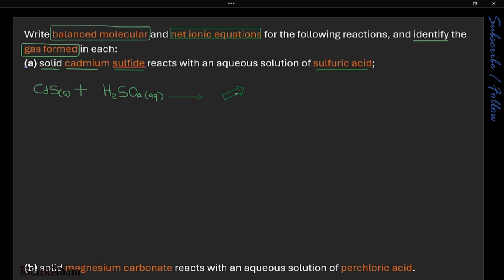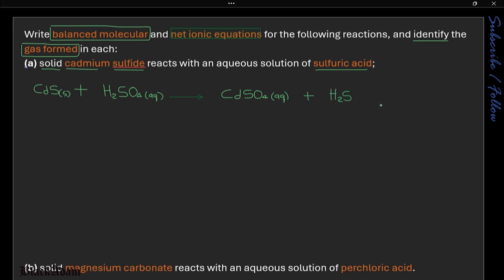Cadmium reacts with sulfate to give us cadmium sulfate, and that has got to be aqueous, and we have hydrogen reacting with sulfur, so that will give us hydrogen sulfide.